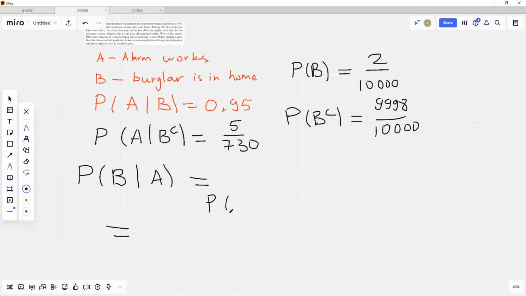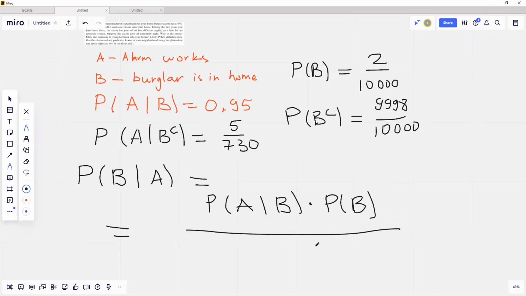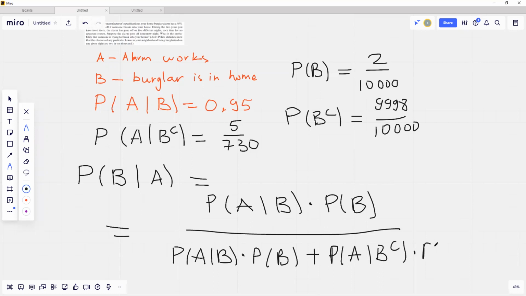So we start off by reversing these two probabilities in the numerator, probability of A given B multiplied by probability of B. We copy down our numerator as the first term of our sum in the denominator, plus probability of A given B complement multiplied by probability of B complement.